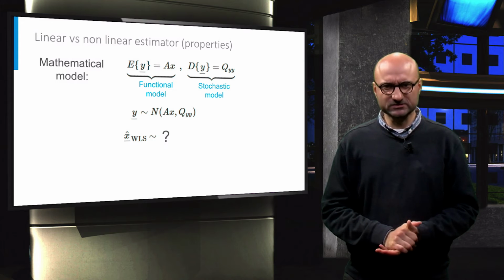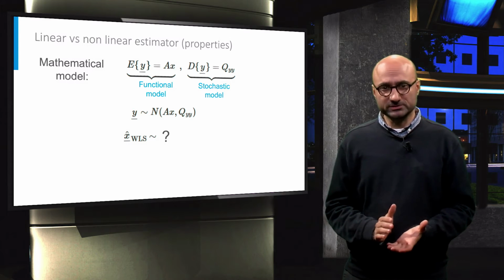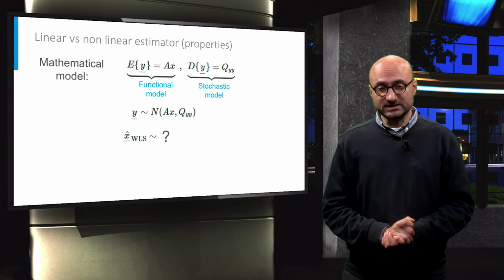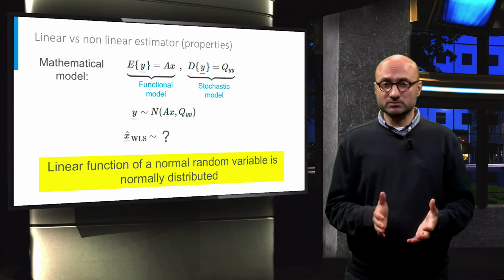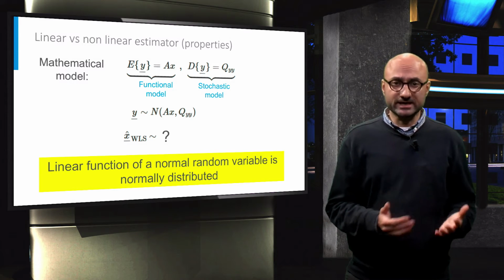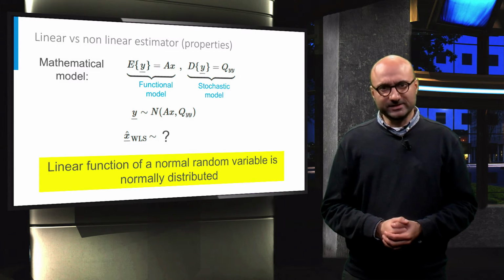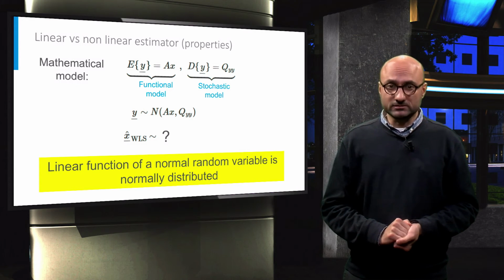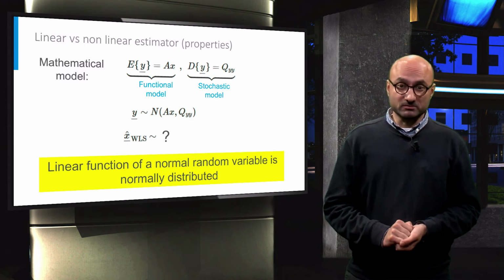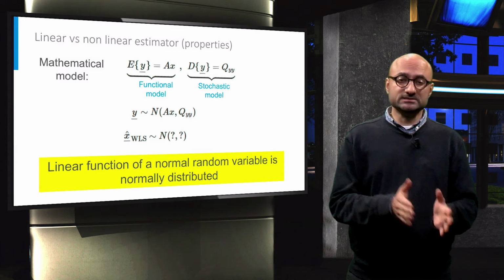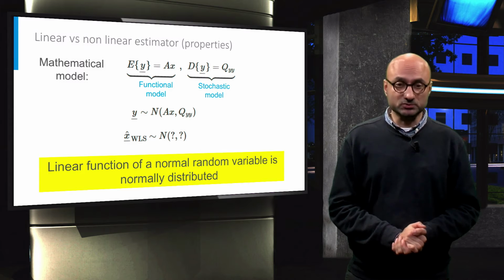From statistics, we know an important property of linear functions: a linear function of normally distributed random variables is again normally distributed. Therefore, as weighted least squares is a linear estimator, we can say that if observables are normally distributed, the least squares estimator x hat should also be normally distributed.